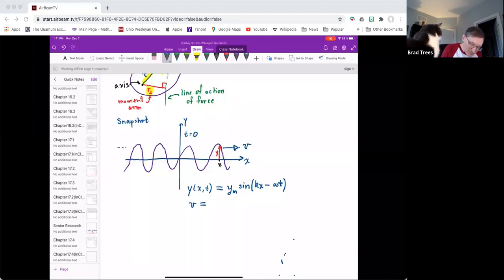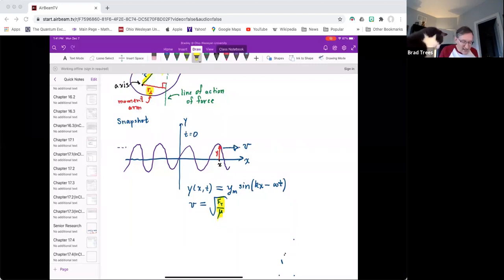And the formula for the speed of the wave is the square root of the tension in the string divided by its linear mass density. It's these two things that determine v. If you want to make a sinusoidal traveling wave and you want to control how fast it travels on the string, those are the two things you have to work with: the tension in the string and the mass per unit length.